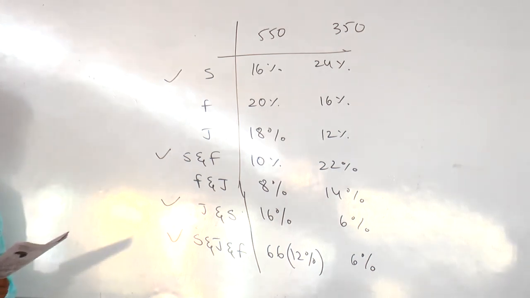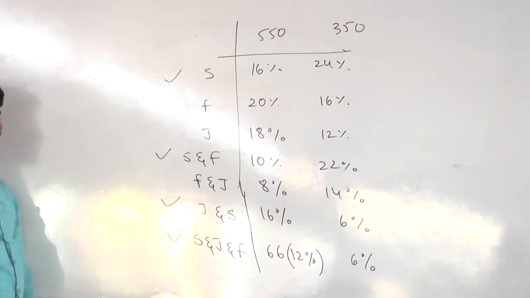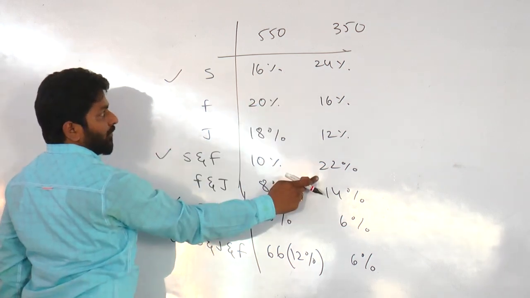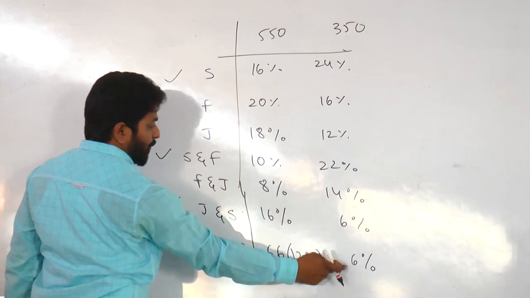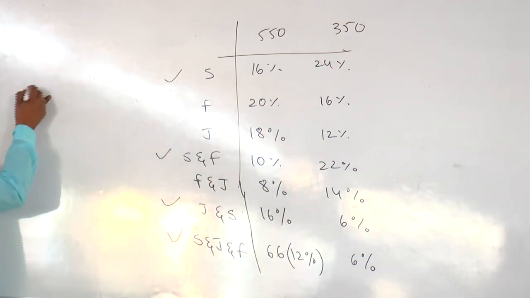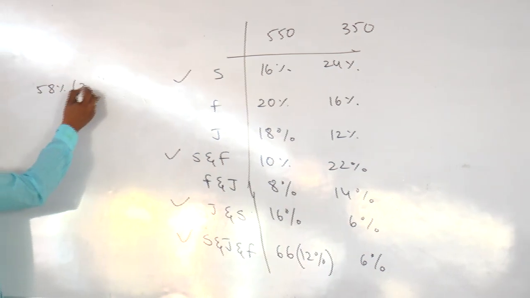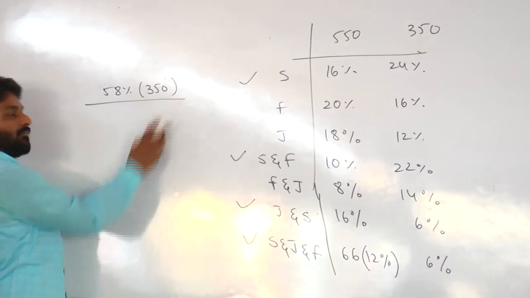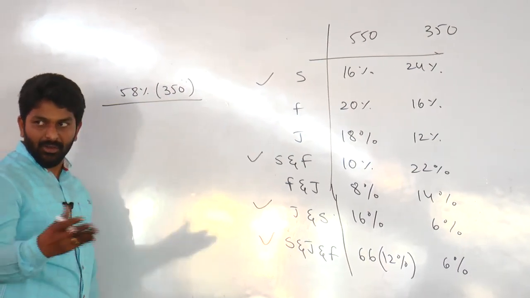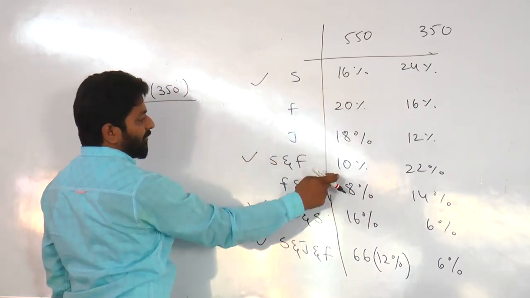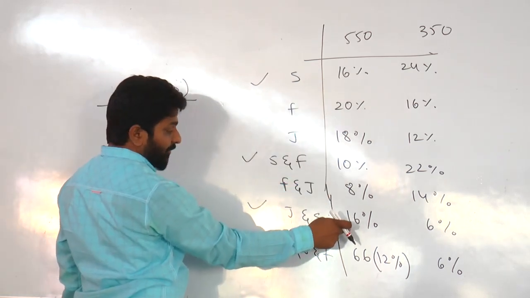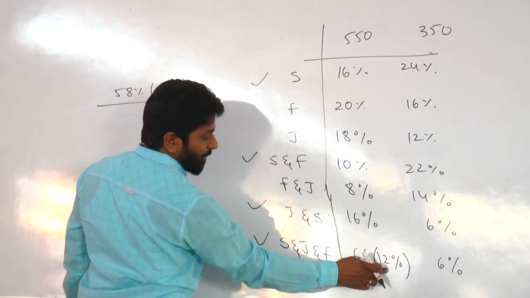Female Spanish versus male Spanish. Female 22, 24, 46, 52, 58. So that is 58% of 350. We'll see whether to convert it or not. We'll discuss that later. And male 16, 10, 26, 26, 16, 42, plus 12%.